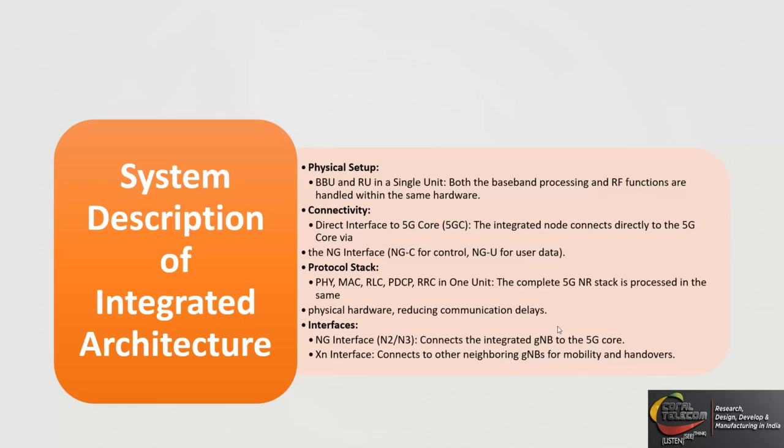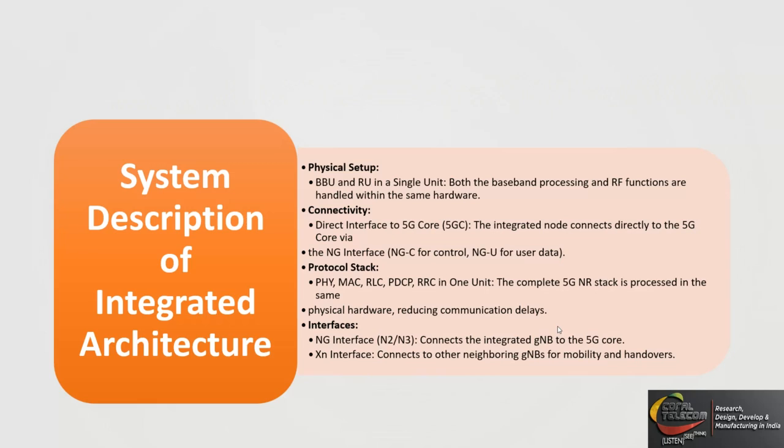Both the baseband processing and RF functions are handled within the same hardware. The functionality remains the same; all the parts will be within a single box. If you have fitted it into a single box, it becomes an integrated 5G RAN.